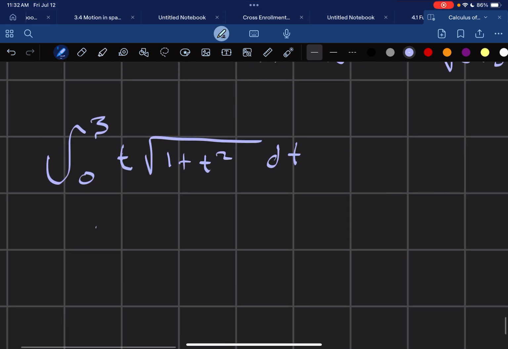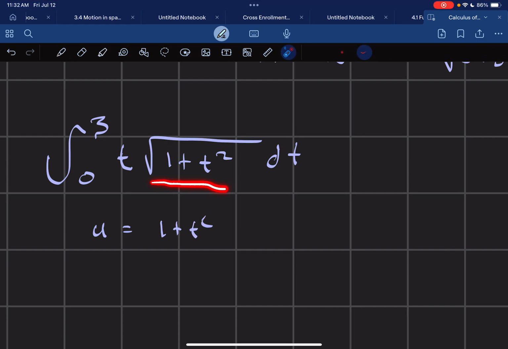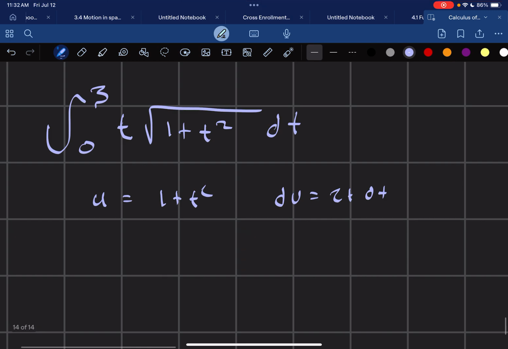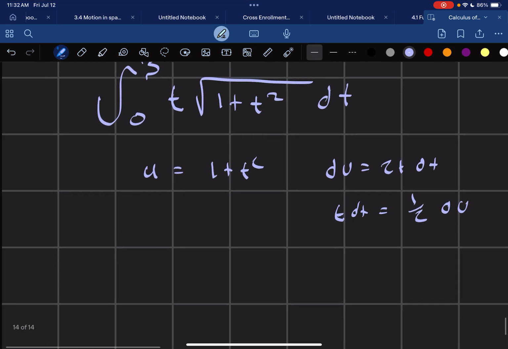We get u equals 1 plus t squared, and du equals 2t dt, which we can convert into t dt equals 1/2 du.